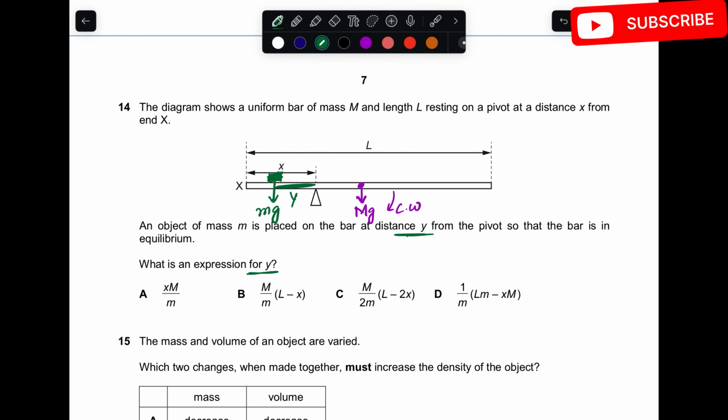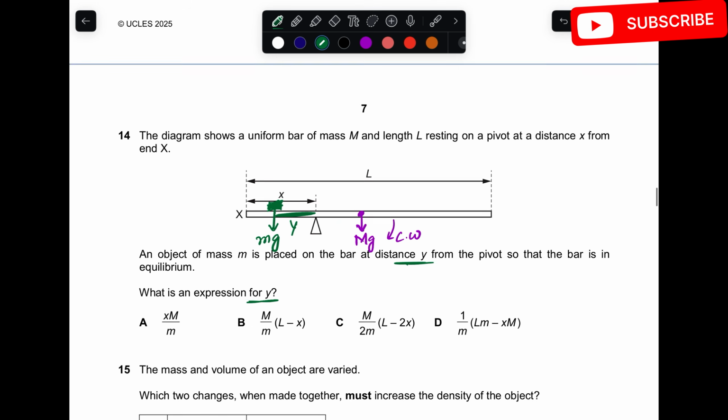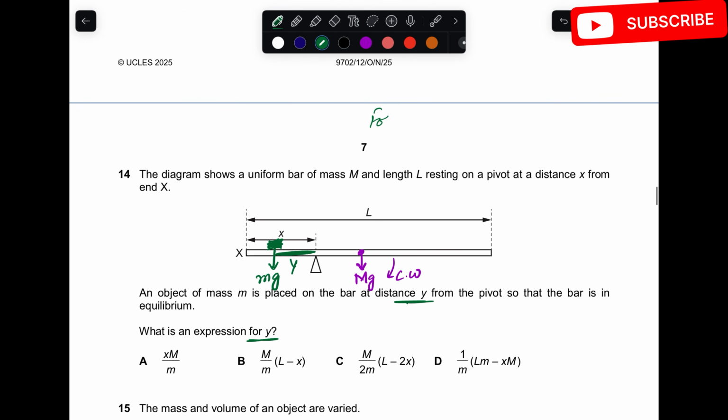So for equilibrium, what we know is that the clockwise moment must be equal to the anti-clockwise moment. Anti-clockwise is this one, and it is very simple.